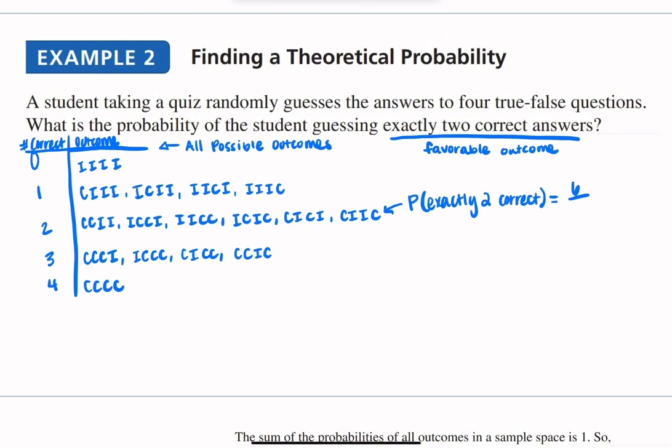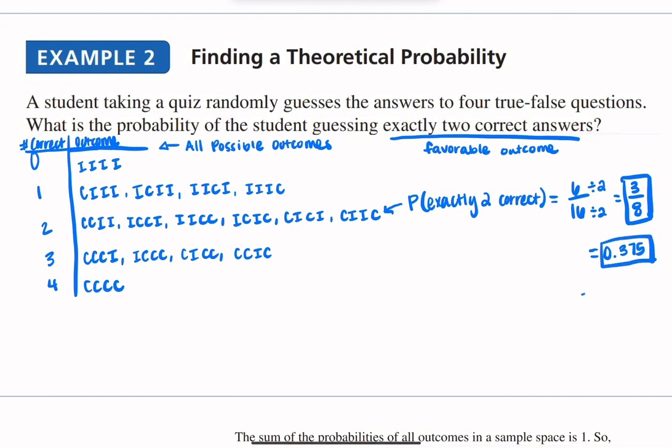So 16 total. Then what we're going to do, we're going to simplify this. We can write this as a fraction. So simplified, I'll divide both of those by 2 and get 3 over 8. We could also write it as a decimal. So 3 divided by 8 is 0.375.